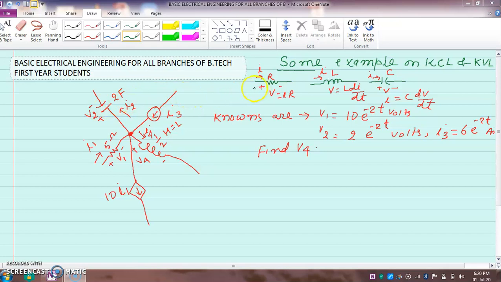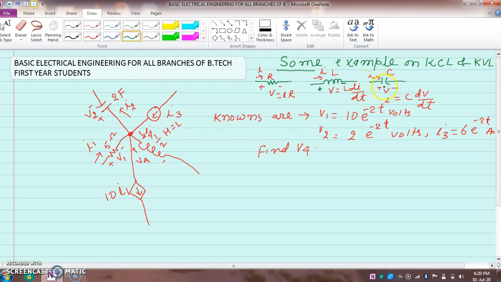For revision, I have written some points here. Current I is flowing in a resistance, so the voltage will be I multiplied by R, Ohm's law. If there is an inductor and current I is flowing through it, the voltage across the inductor will be V equal to L di by dt.